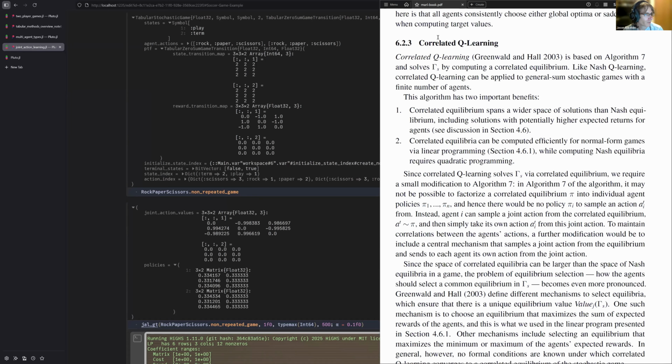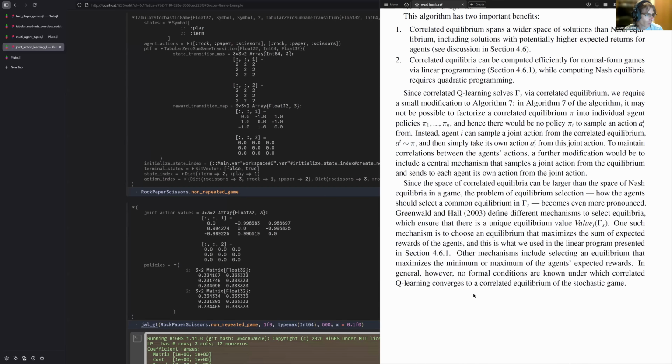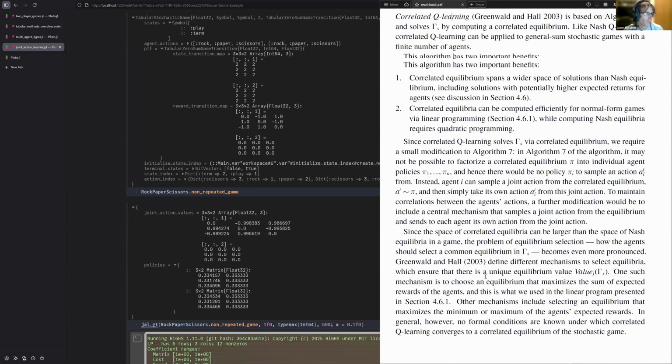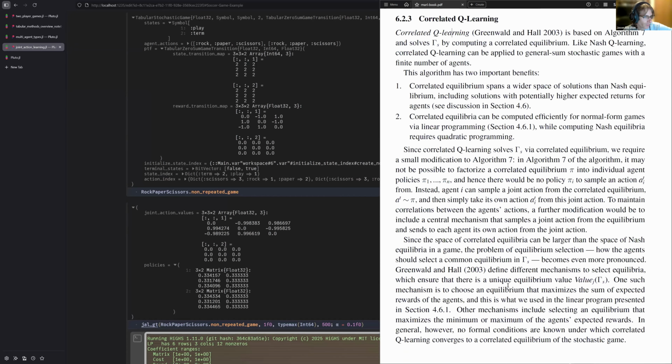The other thing we talked about earlier was correlated equilibria, which do exist. We can compute correlated equilibria with a linear program that was mentioned in an earlier chapter. But we do have to add a constraint, like that we want it to be Pareto optimal or something, because there could be an infinite number of these correlated equilibria. So we add some other condition to it.